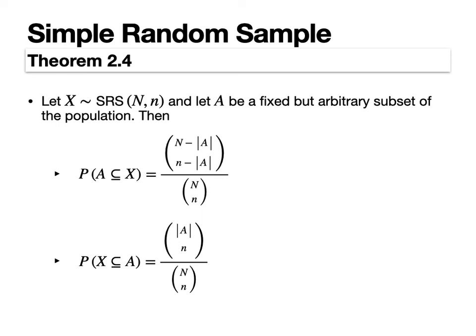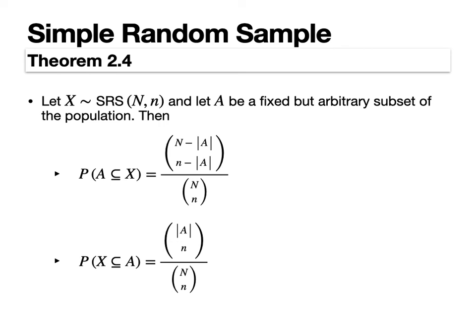The probability of any event in an SRS is the number of outcomes in that event divided by the cardinality of the sample space. And the cardinality of the sample space for an SRS of size little n from a population of size big N is just big N choose little n. So the top must be the number of sets of size little n that contain this specific set big A.